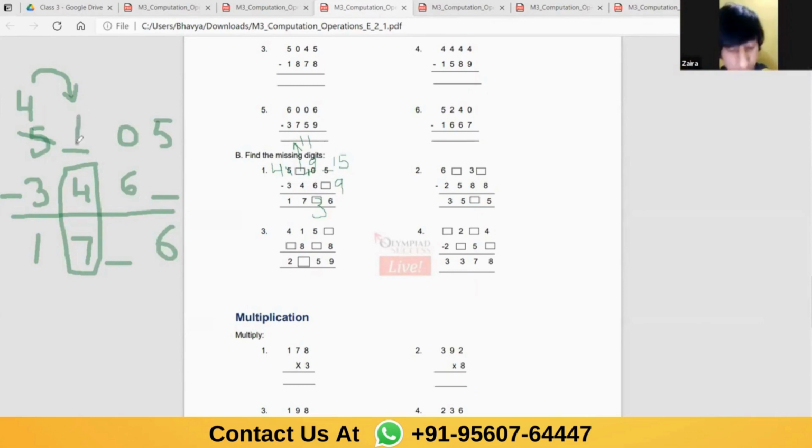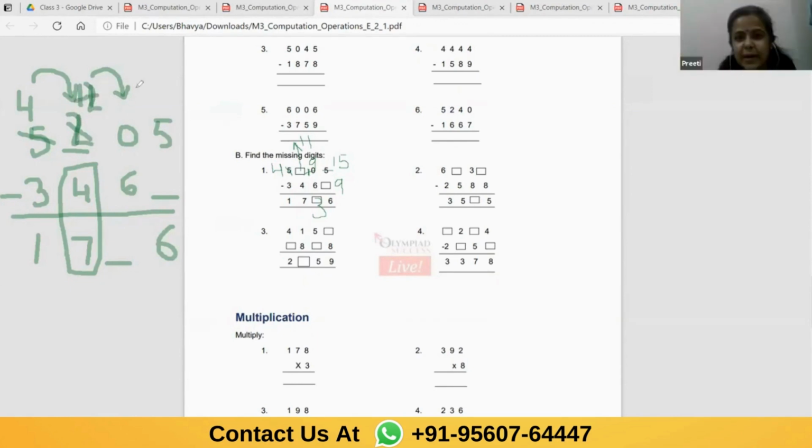If 1 comes here, then from here I can borrow and this becomes 11. Isn't it? Yes, ma'am. But I am borrowing from here and I'm giving it to 10. So it can't be 11. Why? It has to be 12. Why? Because 12 will become 11. Okay, wait. This is becoming confusing.